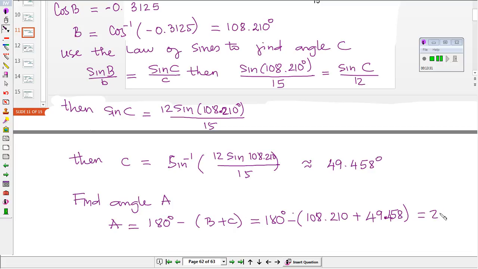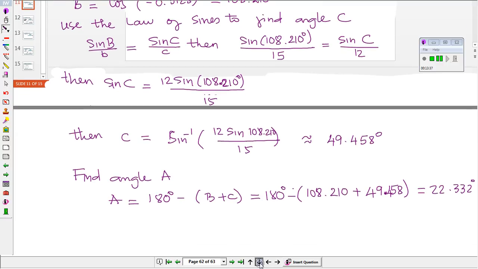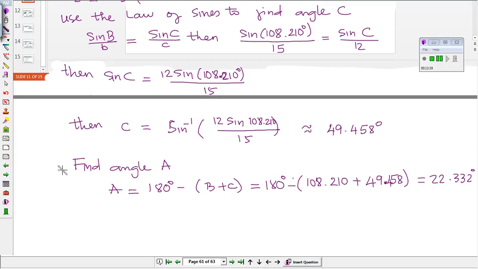So that gives us the angle A is 22.332 degrees.